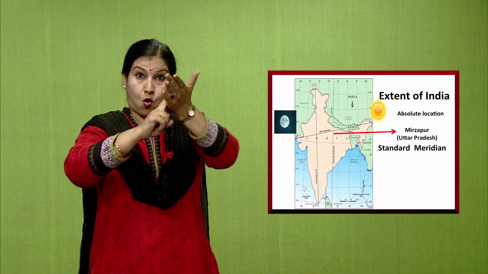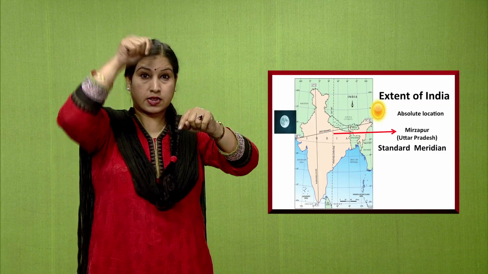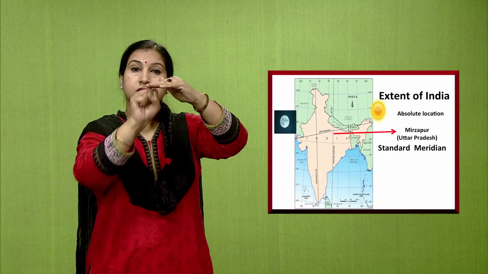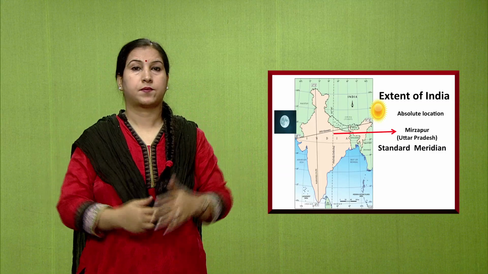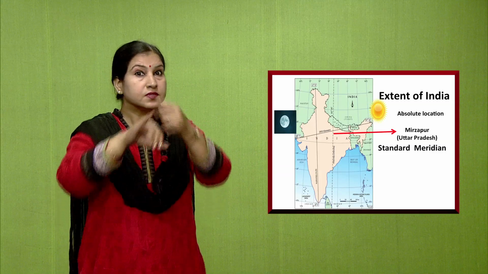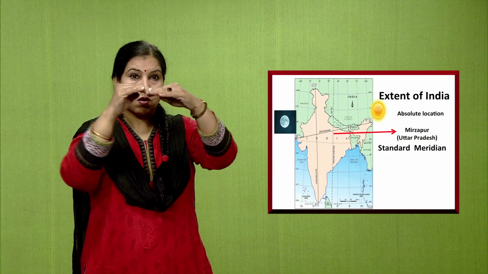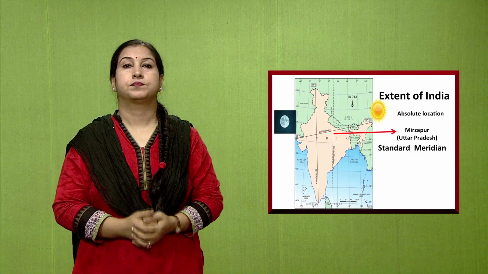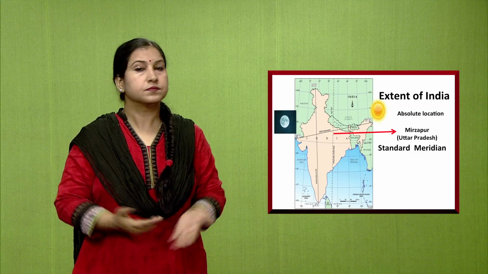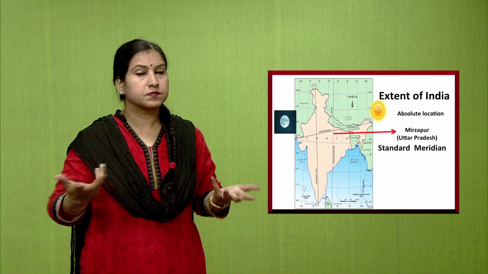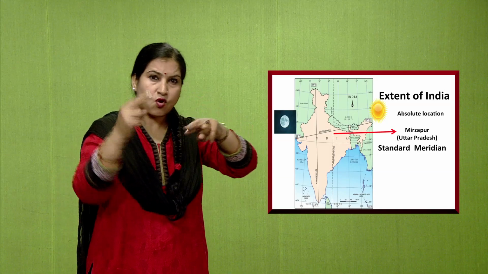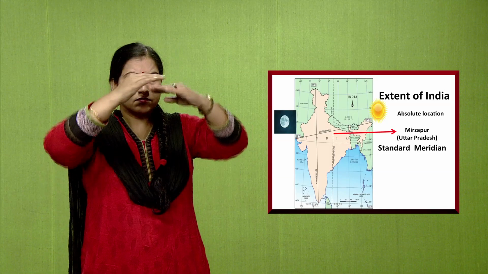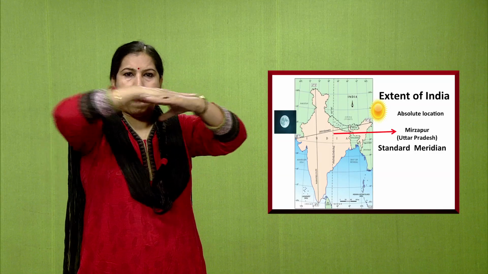North of this latitude is North India and south of it is known as South India. So we can say that the Tropic of Cancer divides India into two equal parts.